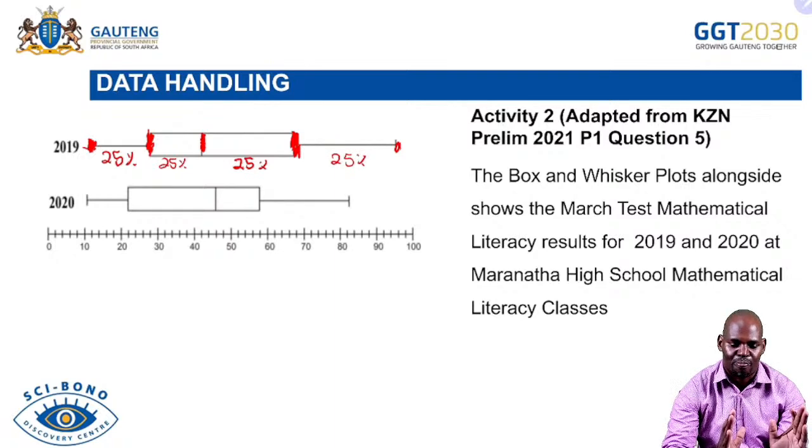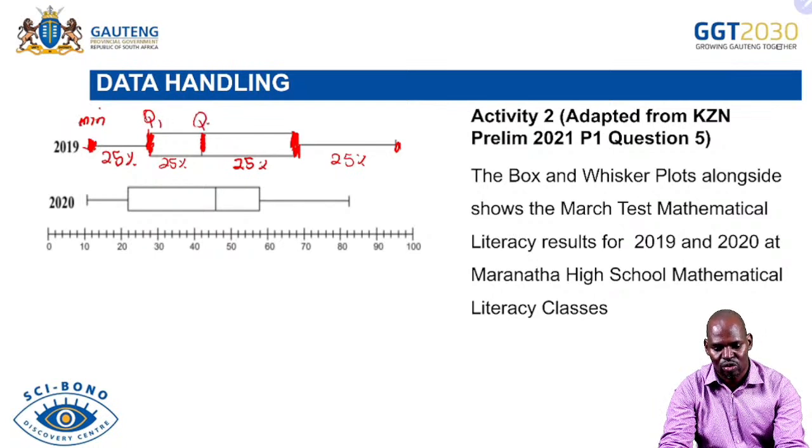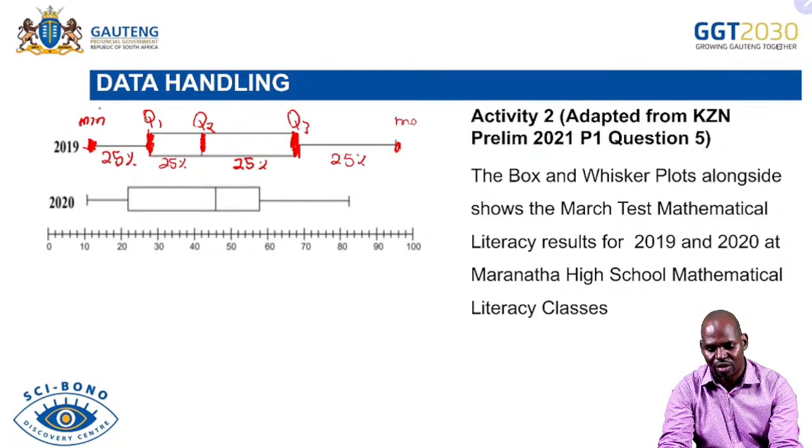So each and every part is 25%. Between minimum and median it's 50%, and between quartile 1 and quartile 3 it's also 50%. It's the same thing with the other box and whisker: minimum, quartile 1, quartile 2, quartile 3, and then maximum.